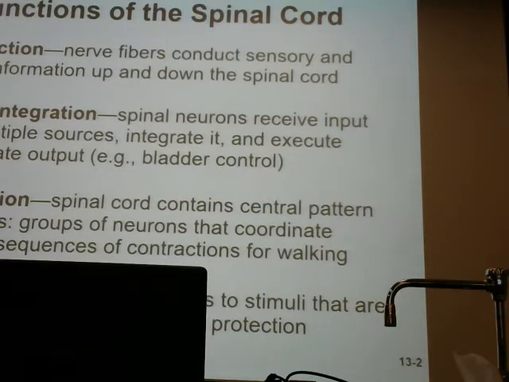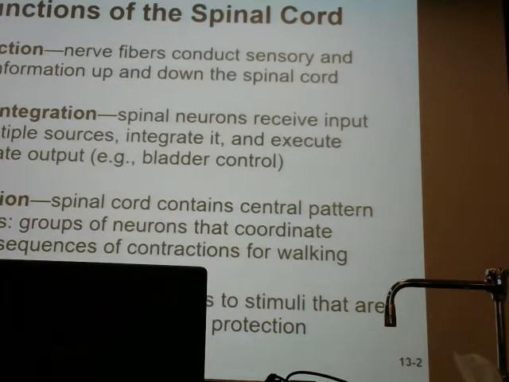We need the spinal cord for conduction. Conduction. Information. Now let's think about this for a second. Information needs to go up and down the spinal cord.